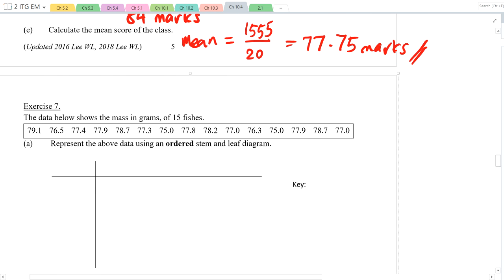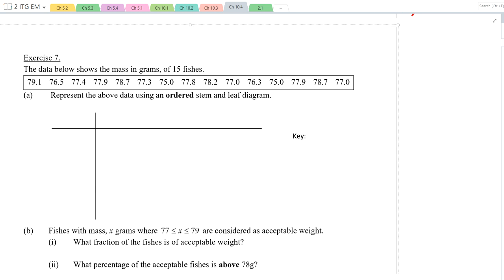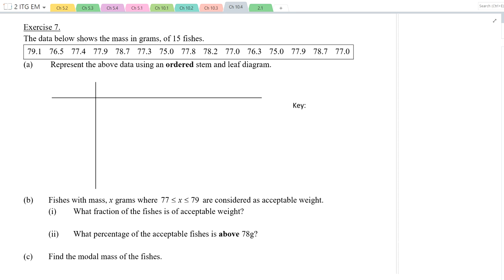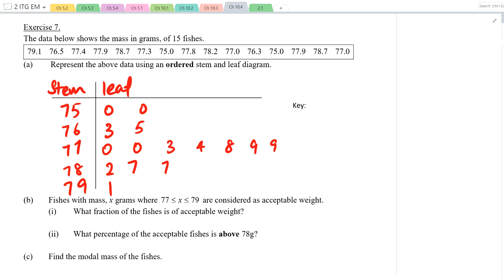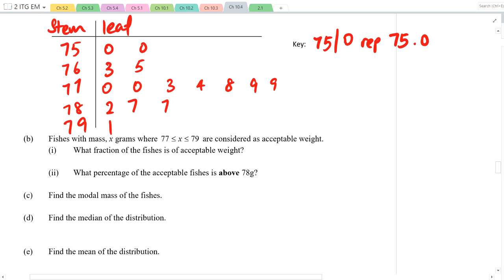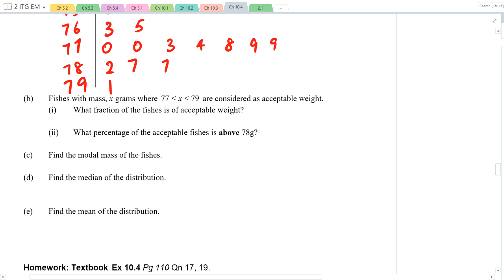Next one, question 7. Represent the data using an ordered stem and leaf diagram. Okay. The key: 75 0 represents 75.0. Can? Okay, B part 1, 2 over 3.